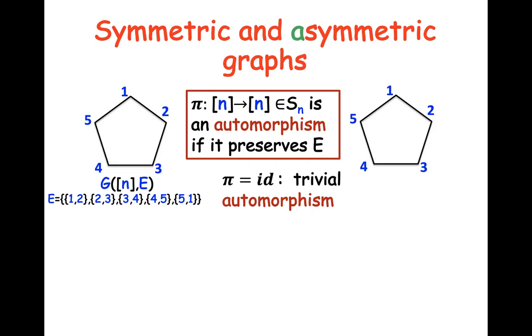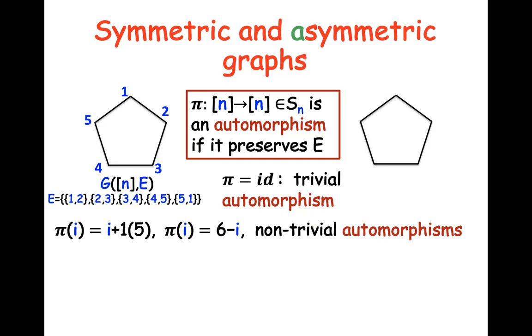But in this example, there are more automorphisms. For example, if we shift the labels, or if we take a reflection, we still get the same labeled graph. So this graph has symmetry. And the question is about these non-trivial symmetries.